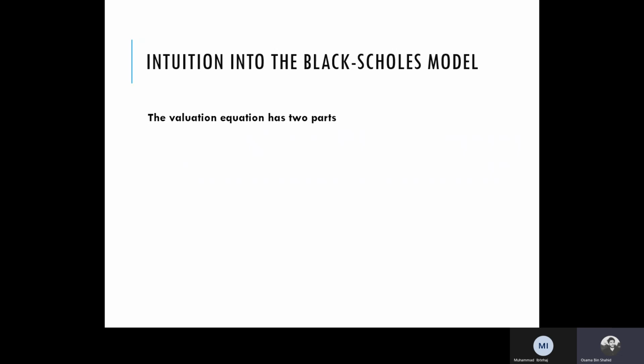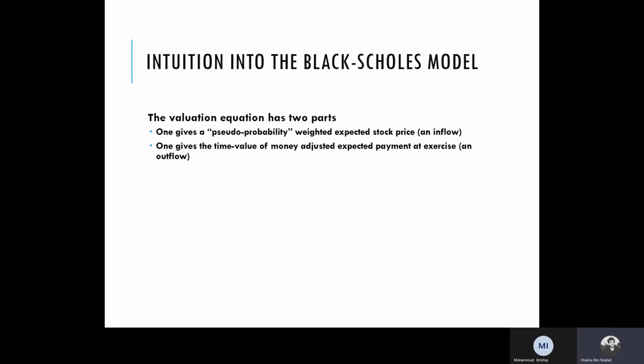So, moving on to the Black-Scholes. The valuation of Black-Scholes has two parts. One is the cash inflow that we will get, and the other is the cash outflow that we have to give. So one gives the probability-weighted expected stock price. The stock price tells us the cash inflow, what we will get, and the other is the time-adjusted, or what we call the compounding of the strike price, so the payment we actually have to give.